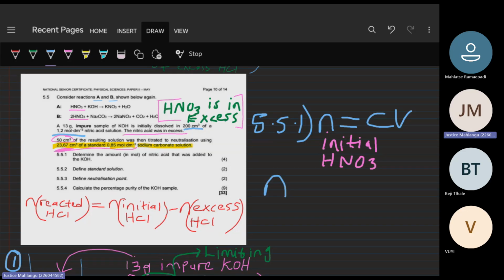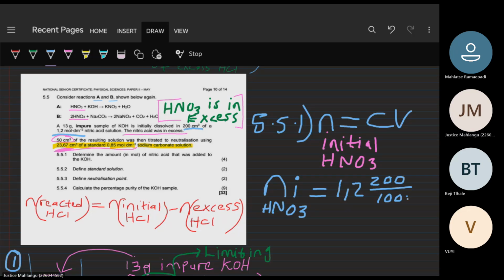The number of moles initially of HNO3 is equal to concentration times volume. The concentration is 1.2. The volume is 200 cubic centimeters, so it's 200 divided by 1,000. Please always convert that. The initial one, we are going to get it: it's 0.24.